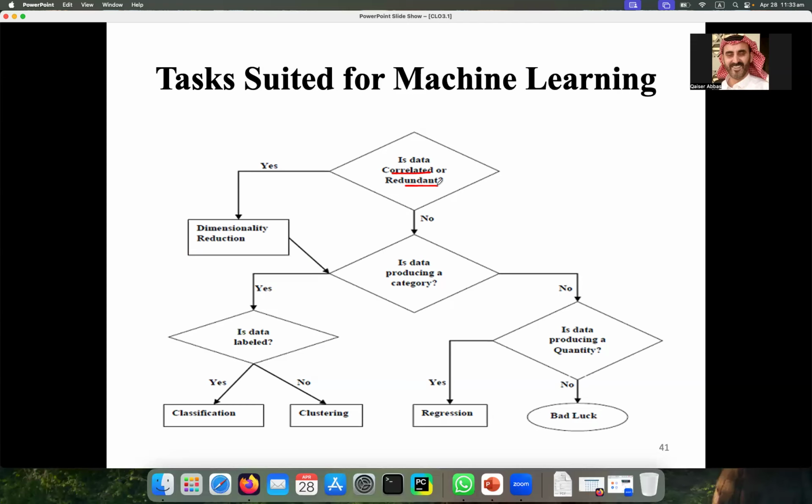If you have these types of things in the data and the answer is yes, you have to reduce the dimensionality. We have studied some dimensionality reduction, and got the introduction there. By using the PCA algorithm, principal component analysis, you can reduce the size of the data. You can remove some columns from the data. That is what dimensionality reduction means. And then you will come back here at this step.